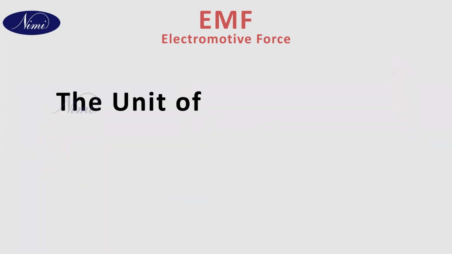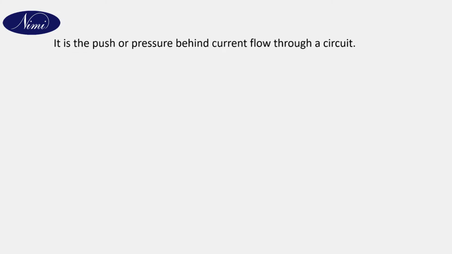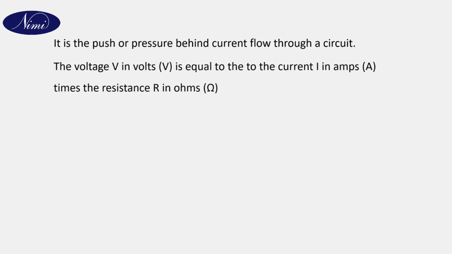The unit of voltage is volt and it is denoted by letter V. It is the push or pressure behind current flow through a circuit. The voltage V in volts is equal to the current I in amperes times the resistance R in ohms. V is equal to I multiplied by R.